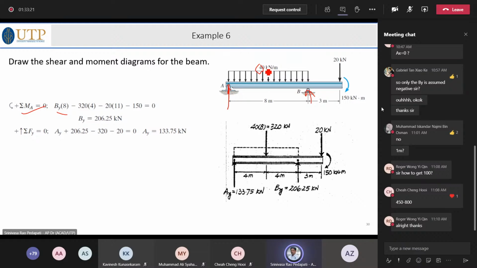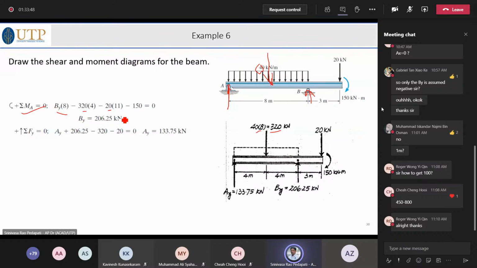So 40 times 8 is the load that is acting, which will be acting at the center because it is the center of gravity. So it is replaced by 40 into 8, 320, and it is shown as a single force at the middle for the moment equation. So 320 times 4 and then minus 20 into 11, 8 plus 3, 11.